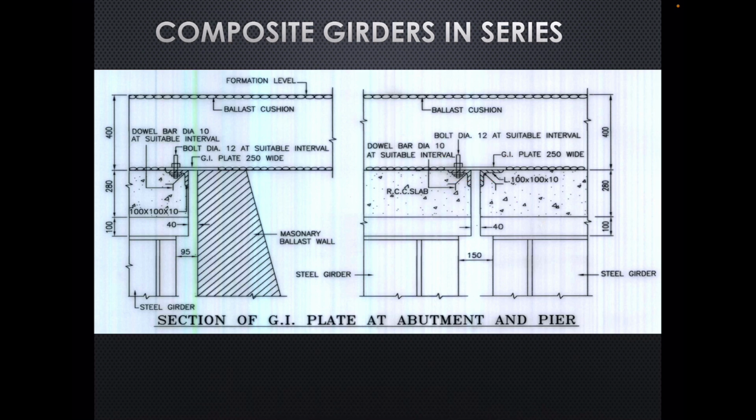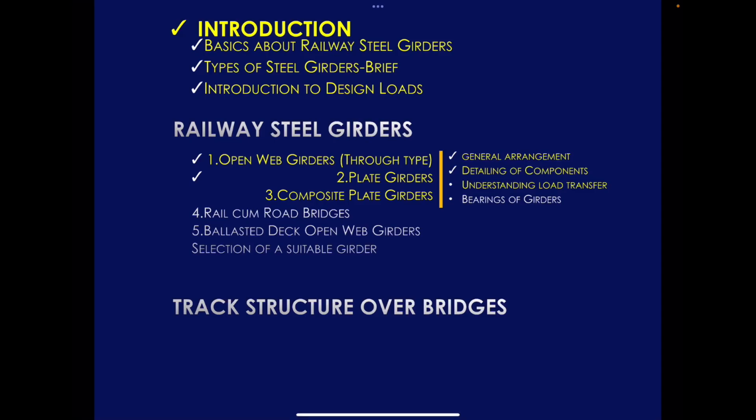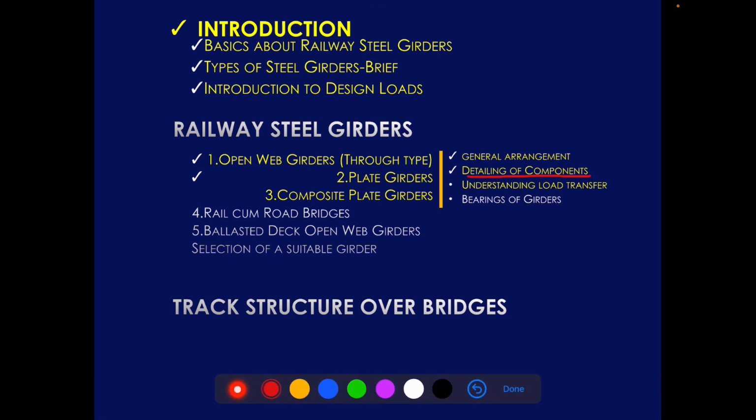Okay. So this was about detailing of various components. There are very few components in composite steel plate girders. So let's now move on to understand the topic of load transfer in composite plate girders.